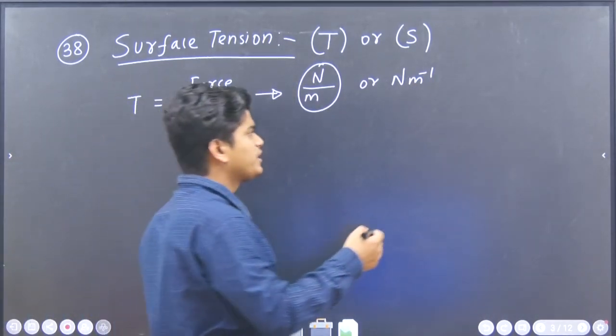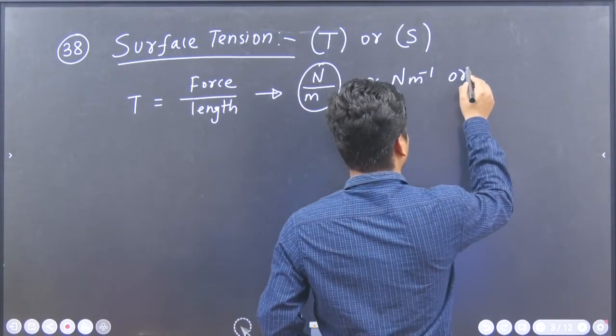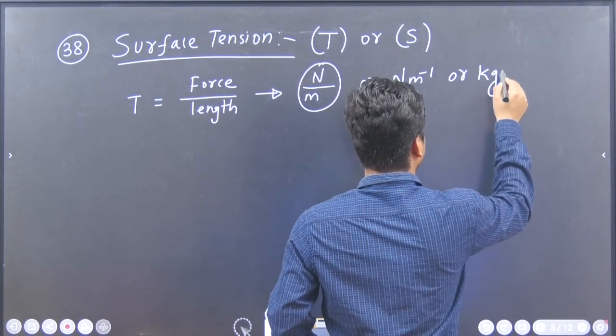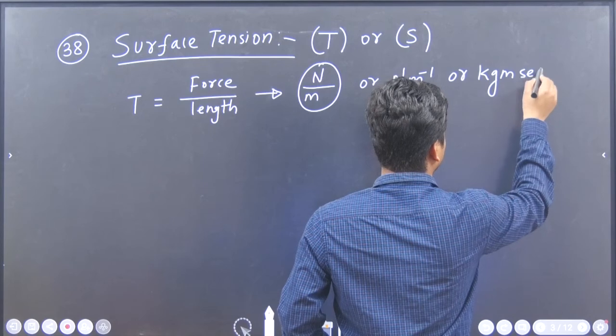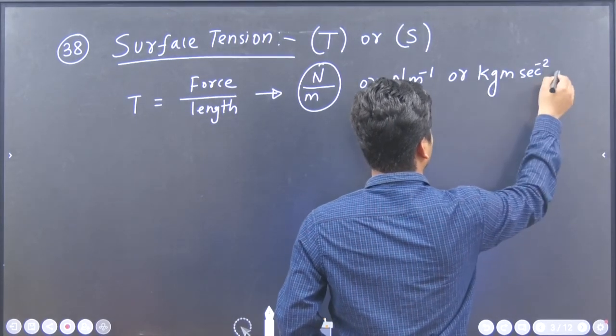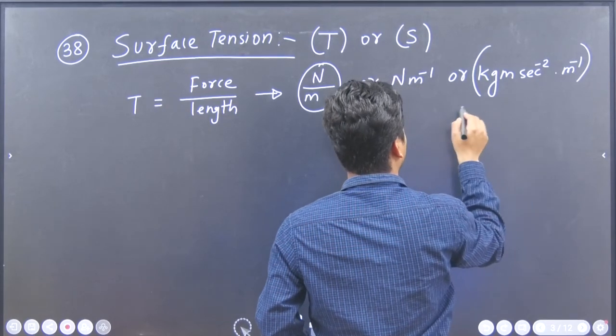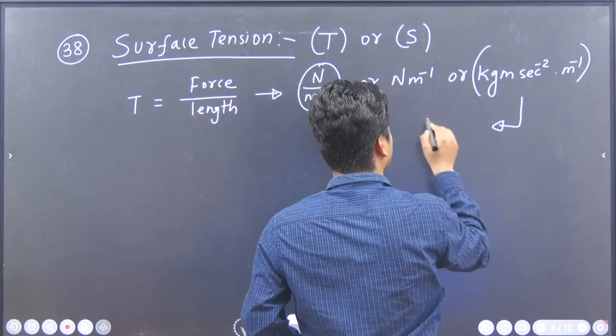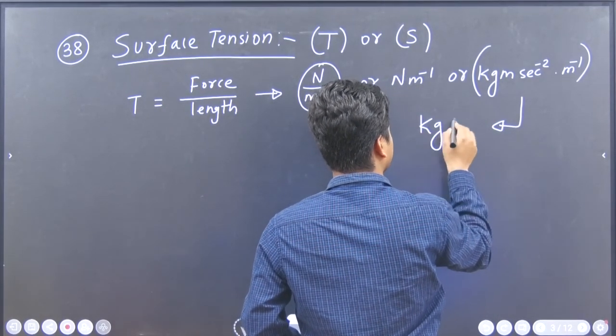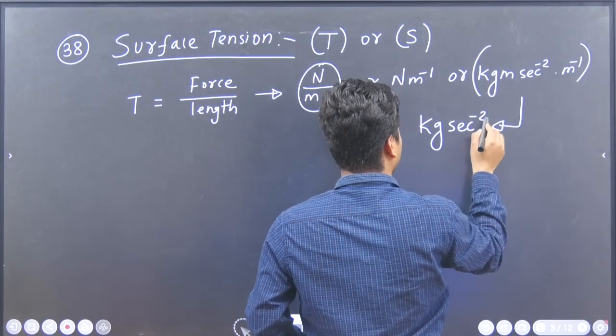Now if I want to convert in terms of kg and all, it will be written as kg meter second to the power minus 2 into meter inverse. I will check this one. So how much will this come? This will give me kg second to the power minus 2.